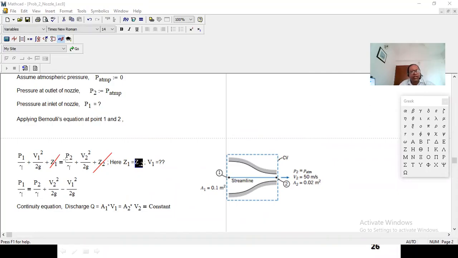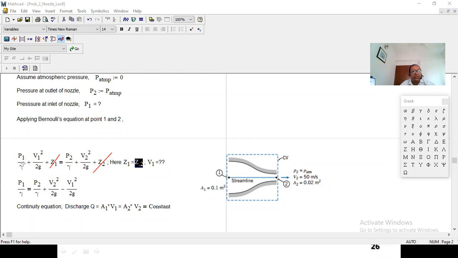Then we assume that P2 is almost 0 because it is atmospheric pressure. You can keep it as P2, but then you need to put the atmospheric pressure. If you put P2 as atmospheric pressure equal to 14.7 psi, like 101 kilopascals, then your pressure will be in absolute pressure. So Z1 equal to Z2, then you have this formula.